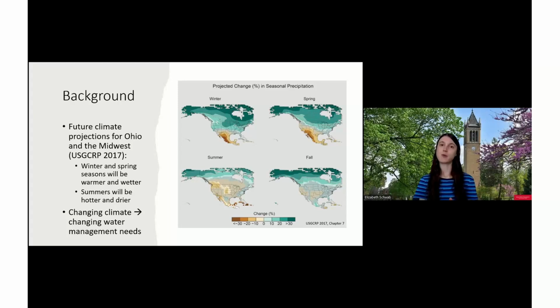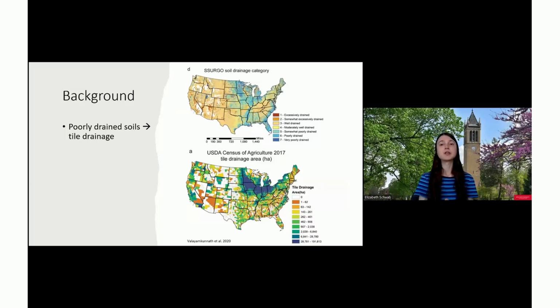We know that with changing climate and weather patterns, we're going to need to change the way that we manage water everywhere, and especially in our agricultural landscapes, to make sure we can continue producing crops as we have previously.